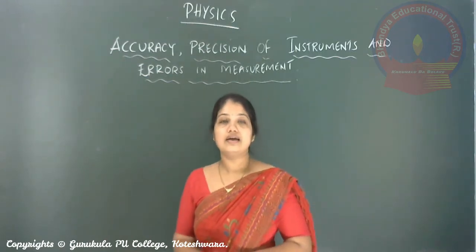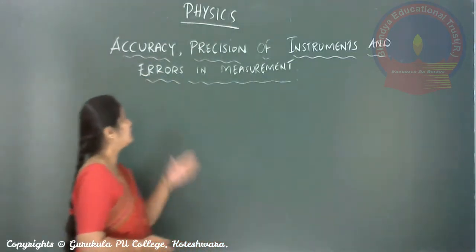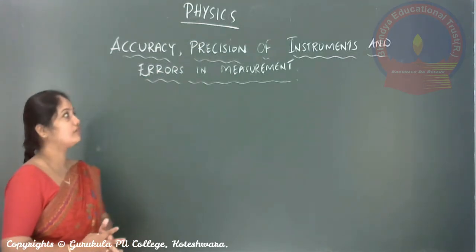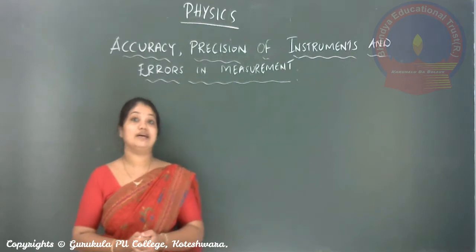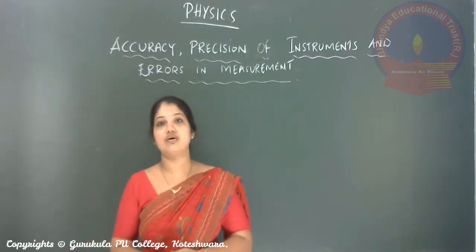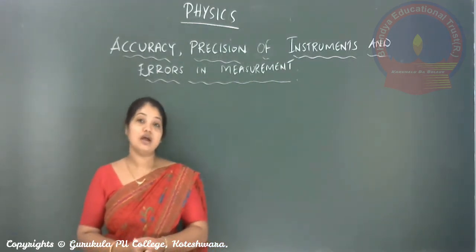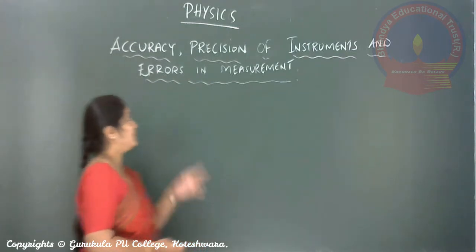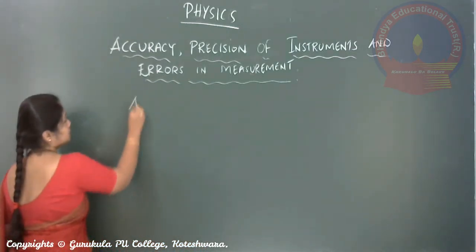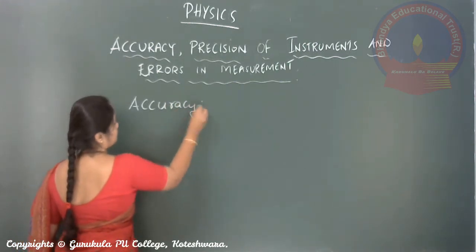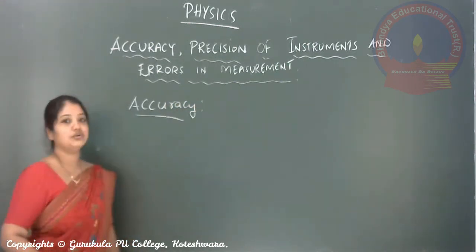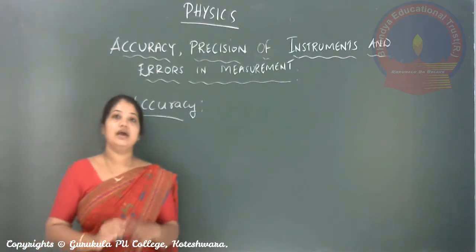Now here I have written accuracy, precision of instrument. How do you differentiate between the accuracy and precision of the instrument? Let us see what we mean by accuracy.